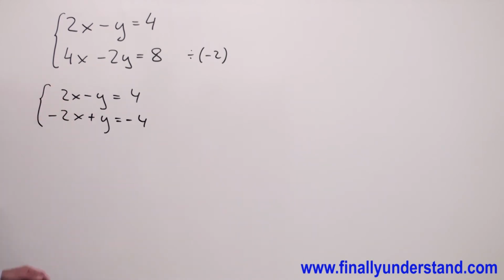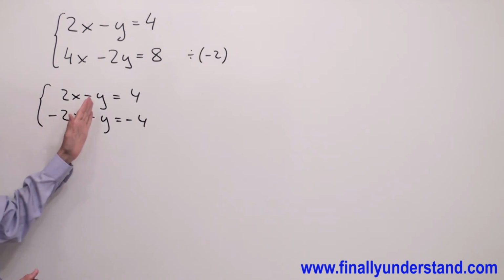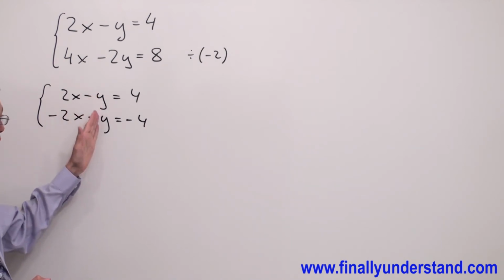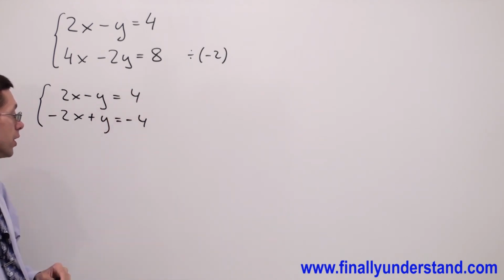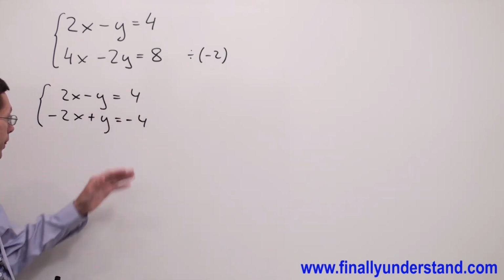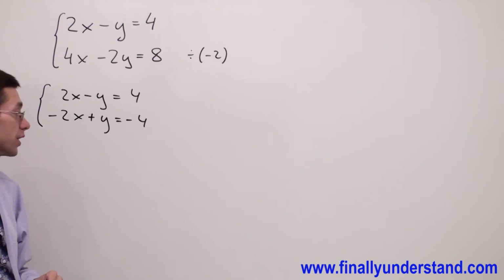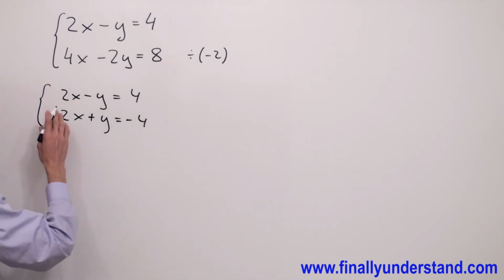Please notice that the coefficients next to x have the same value and different signs. Coefficients next to y have the same value and different signs, and basically the constants also have the same values and different signs. So what will happen over here?